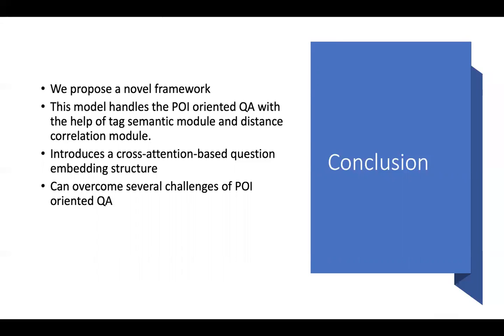Third, the proposed model can overcome several challenges of POI-oriented QA, including POI tag recognition, proximity-related term processing, and diverse distance correlation. Extensive experiments on two real-world datasets are carried out to demonstrate the effectiveness of our model. The results show that our approach outperforms all the baselines and state-of-the-art models.